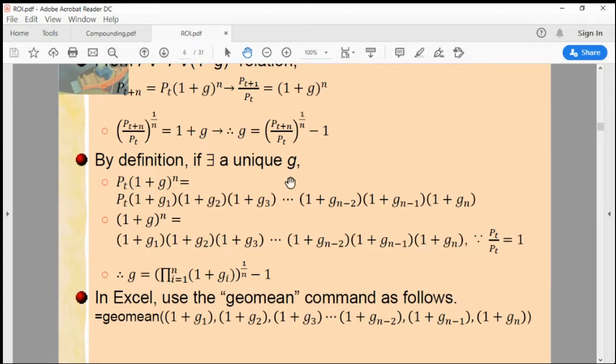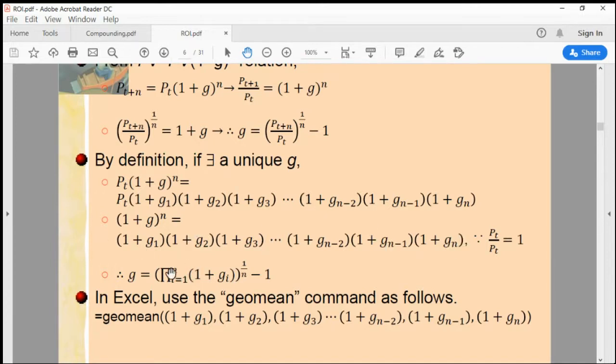You remember sigma is a summation symbol, summation sign. This is the Greek character pi, the uppercase, not lowercase. You're familiar with lowercase pi. This is uppercase pi. Pi stands for product. So you're multiplying every growth rate, starting with the first growth rate all the way to the nth growth rate.